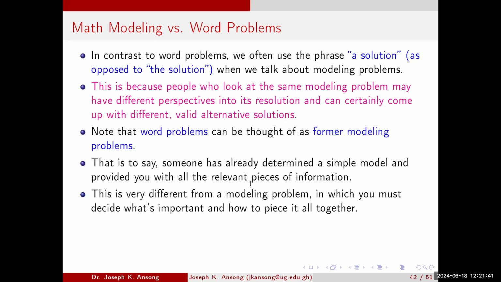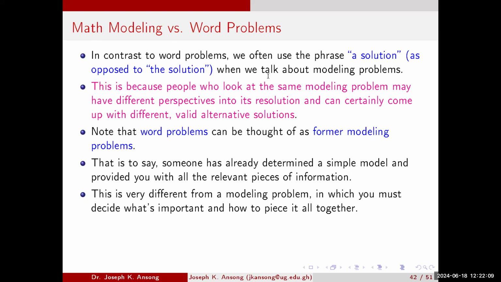In contrast to word problems, we often use the phrase "a solution" as opposed to "the solution" when we talk about modeling problems, because a modeling problem doesn't have the solution. There's no one particular solution, because the solution you provide is based on your estimates and the assumptions you made.